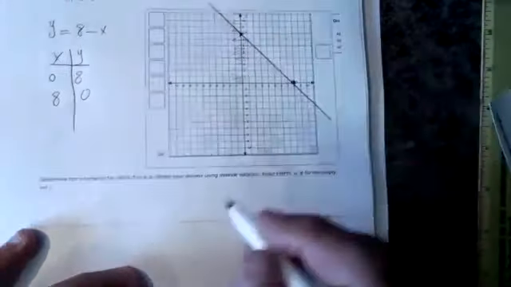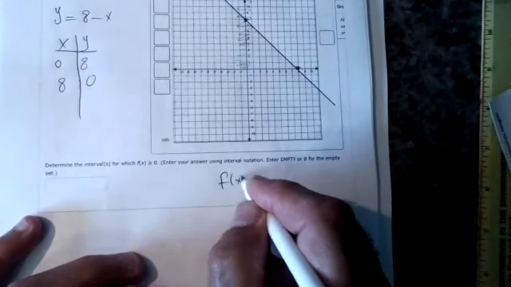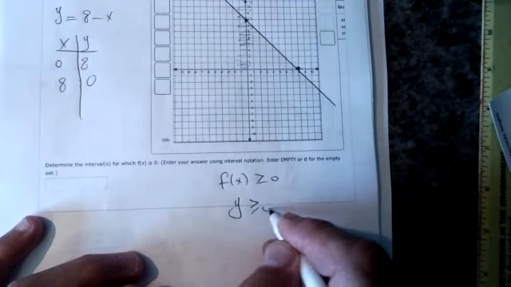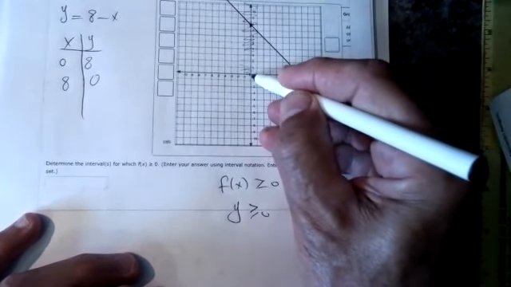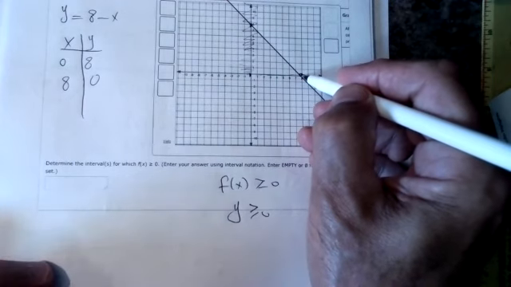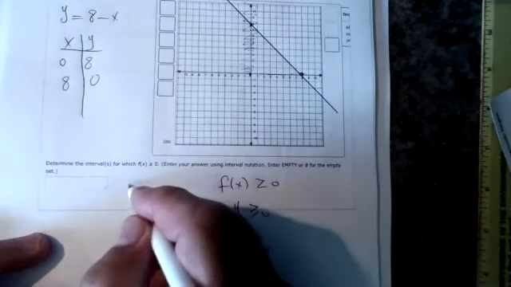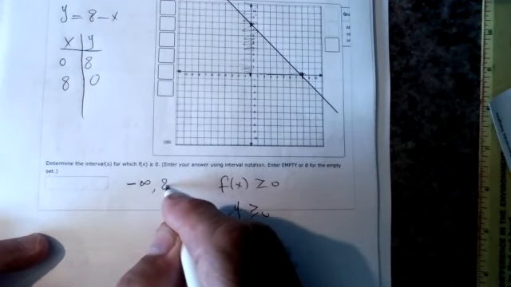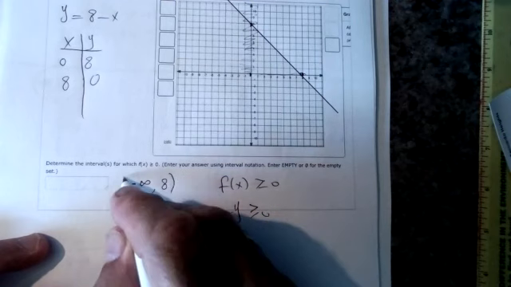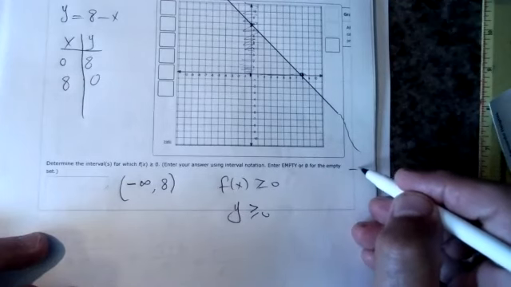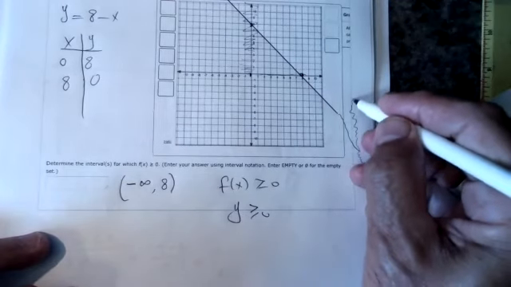Because f of x greater than 0 means y, because y and f of x are the same thing. Y greater than or equal to 0 from here, right? Goes here. So what interval is that? It's from minus infinity to 8. See, the y comes all the way from minus infinity, comes from here, goes up.